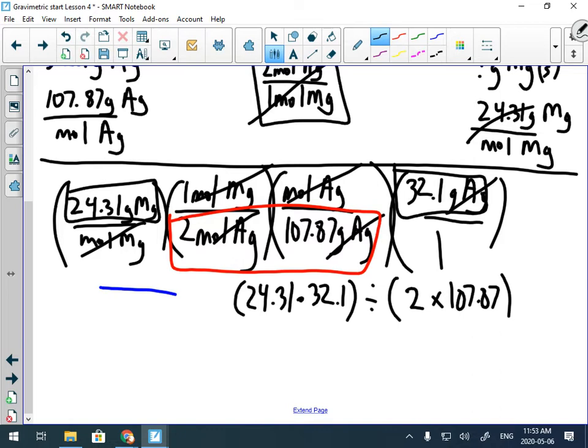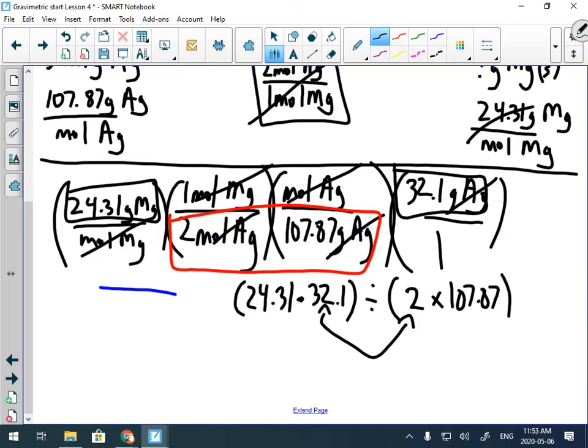It's just to keep the 2 separate, because if you don't do that, you may wind up dividing these 2 numbers and then getting a crazy wrong answer. So remember, the top is multiplied and the bottom is multiplied, and then we're dividing those 2 numbers on top and bottom.